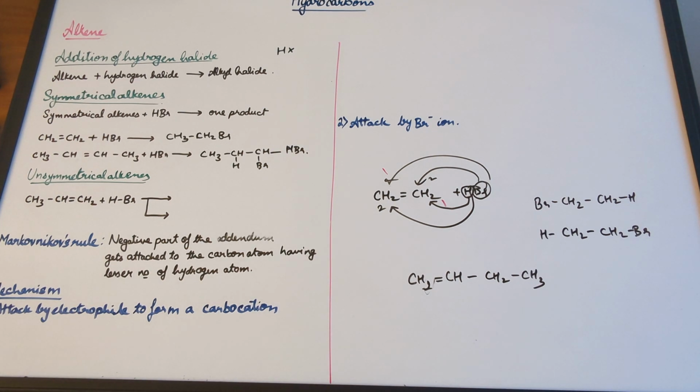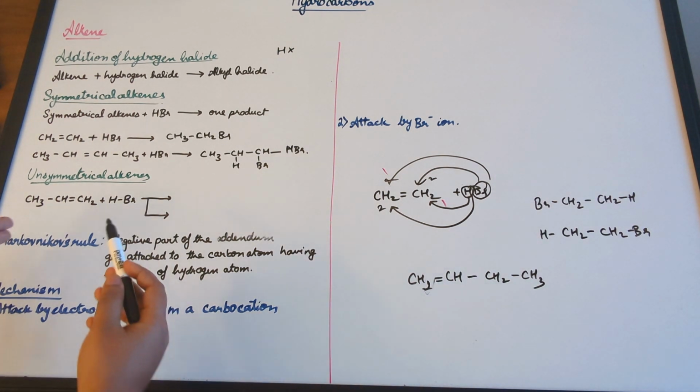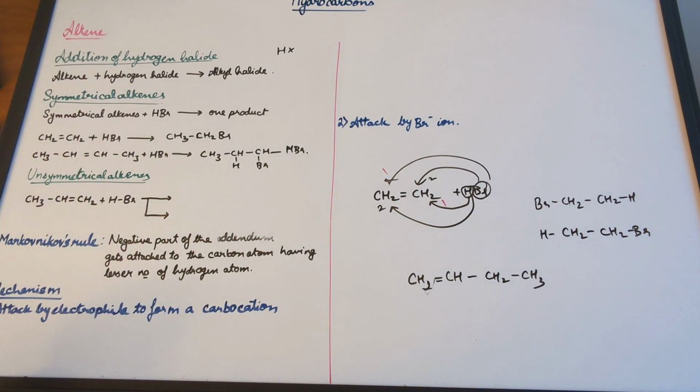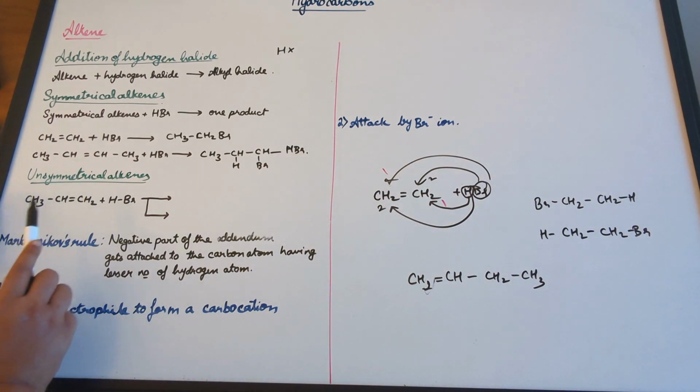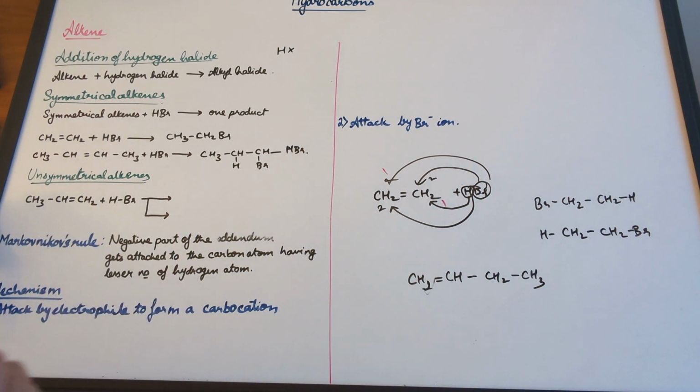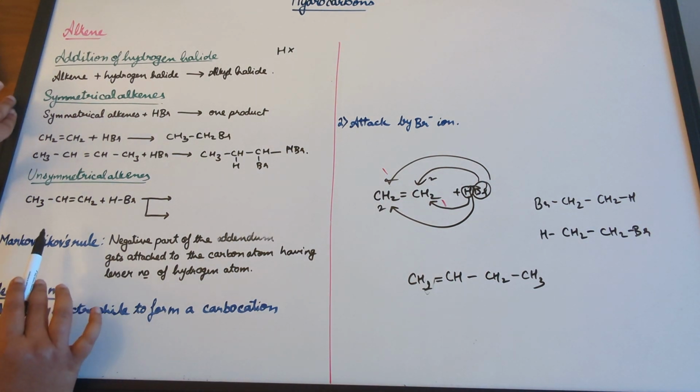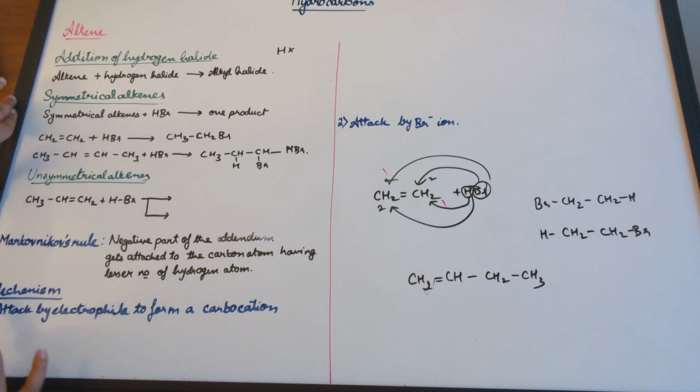But when we talk about unsymmetrical alkenes, in this case, you have propene. On the right side of the double bond, you have 1 carbon atom, and on the left side, you have 2 carbon atoms. So there is a possibility of 2 products. For the first one, let's assume hydrogen gets added to this one and bromine gets added there.